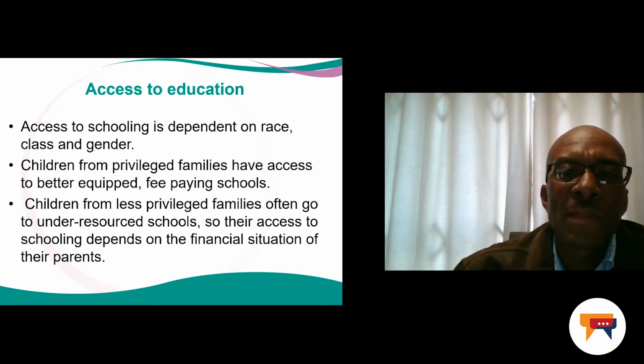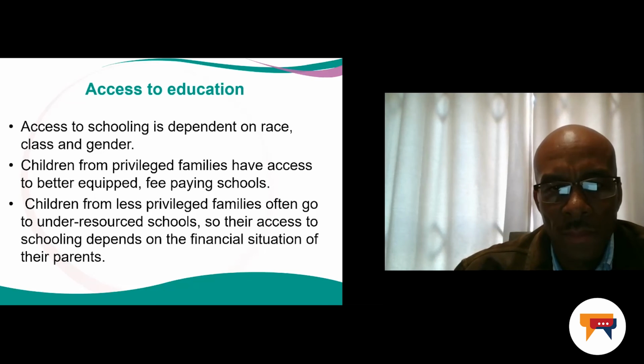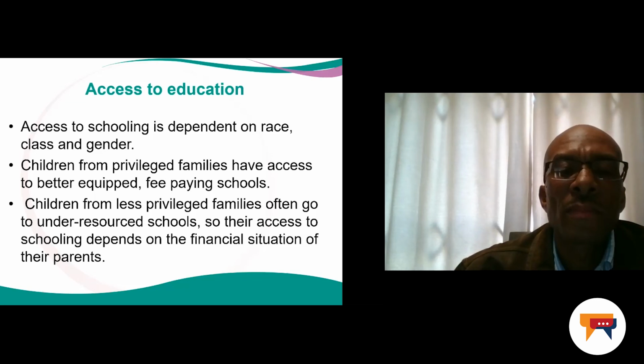The next concept is access to education or access to schooling. Access to schooling is dependent on race, class, and gender, in the sense that children from privileged families have access to better equipped fee-paying schools.